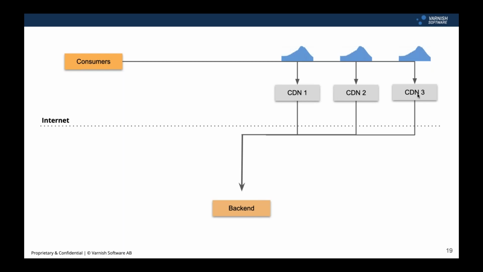And the same for CDN 3. So for the same piece of content, you may have 3 different backend requests, which really is a waste of resources and also a bit of a waste of time for the end user.